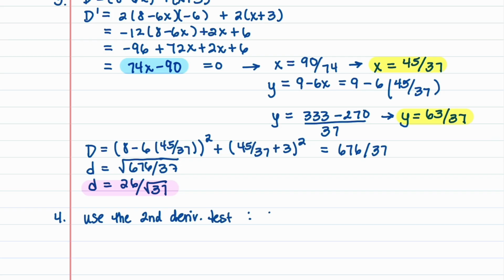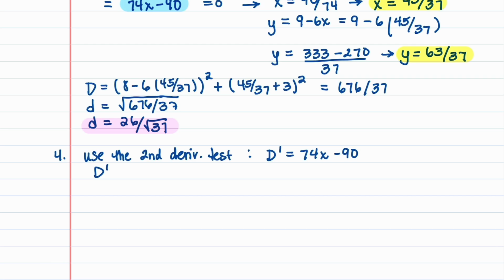And I'm going to go ahead and write the first derivative. D prime is 74x minus 90. So D double prime is 74. That is greater than 0. This means that our function is concave up, and we have a minimum value.